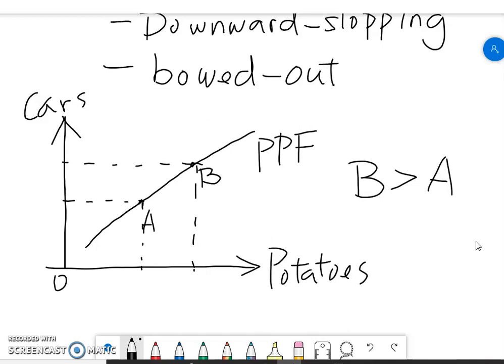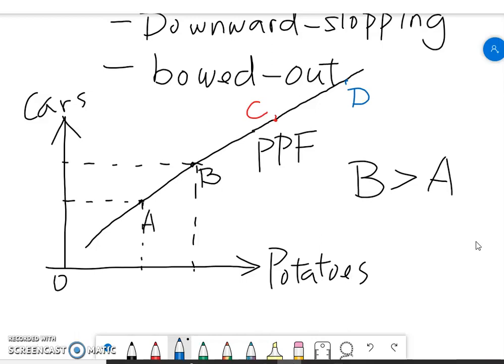Another way we can show you the contradiction of the upward sloping PPF is we can extend this upward sloping PPF. Now, we already have A and B. We could also get point C along this line, or point D here.